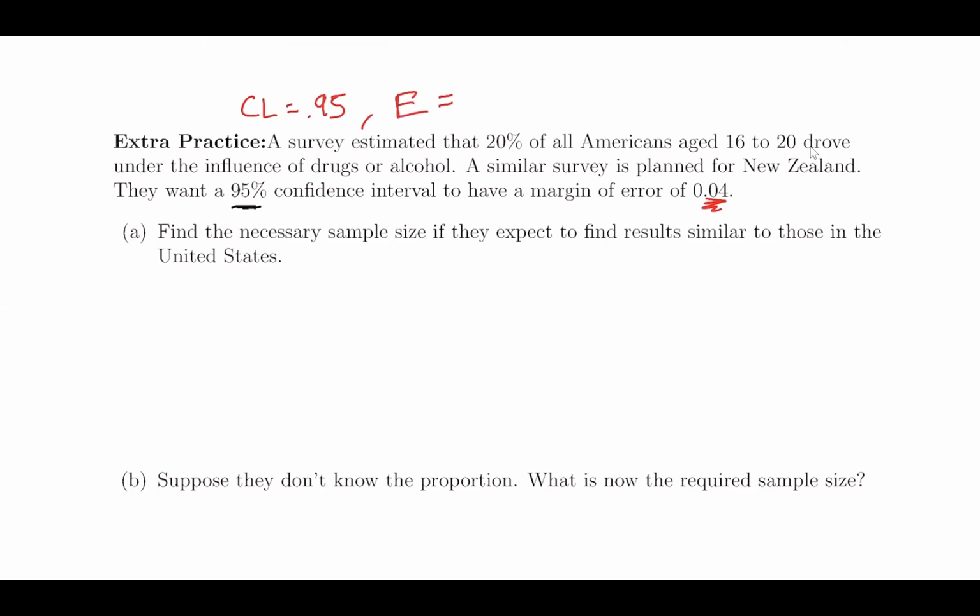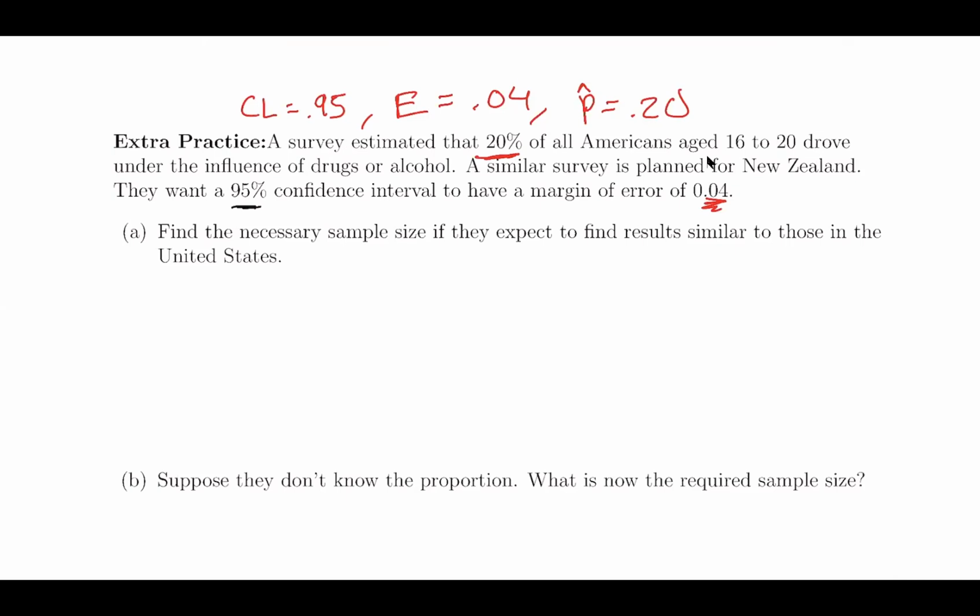We're on a roll. Now what should I label 20% as? Well, the 20%, that's your p hat. All right, so we know confidence level, we know margin of error, and we know our p hat.